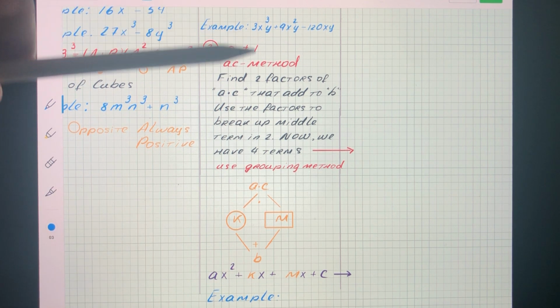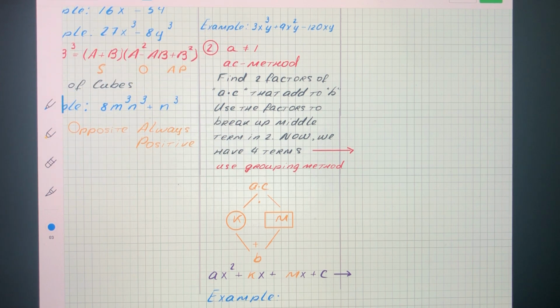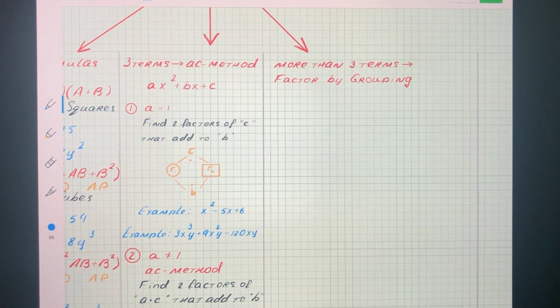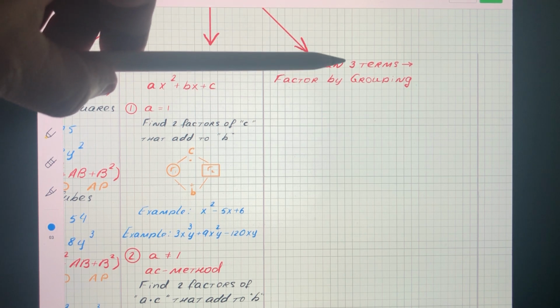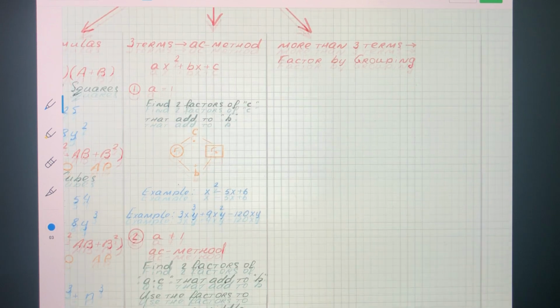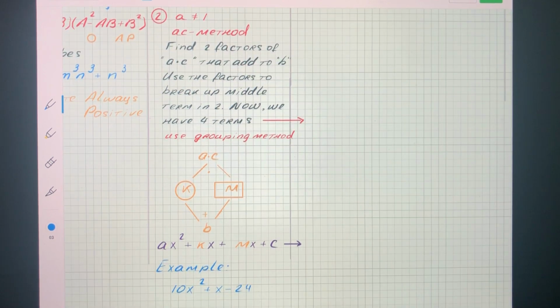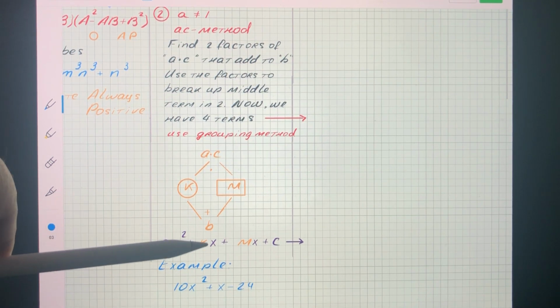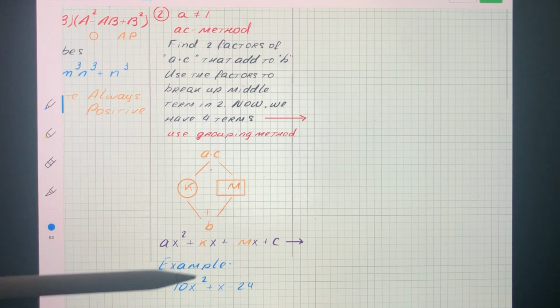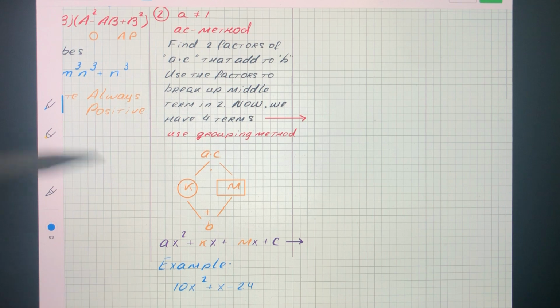And that no longer fits in our category for 3 terms. It goes into the next category. The next category is more than 3 terms, and there is only one method, and that method is grouping. So the end result of the AC method is we get 4 terms, which means we now finish it using the grouping method, and we will show this on this example.